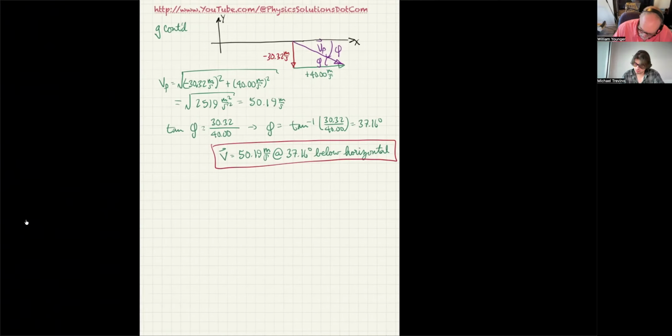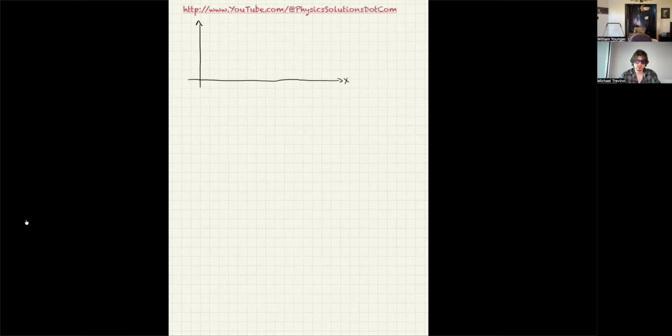So let's go on and consider a projectile motion problem. So again, I'm going to start off with a coordinate system. I keep hitting this iPad while I'm trying to draw, and it makes everything go crazy.